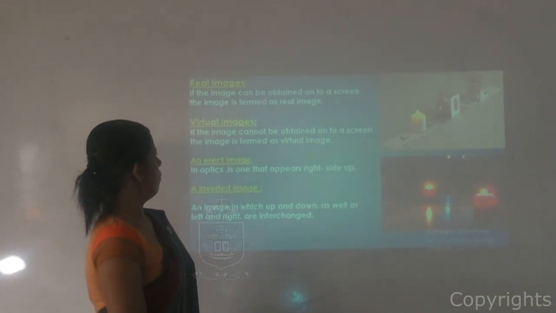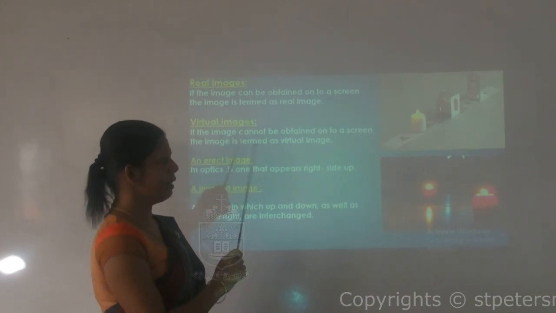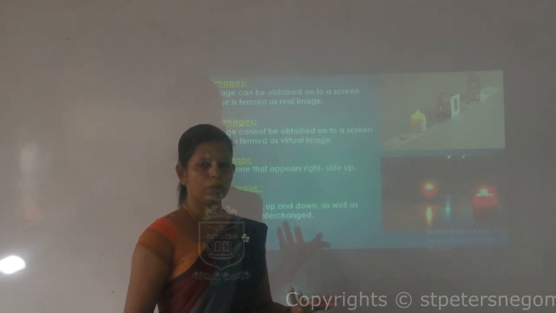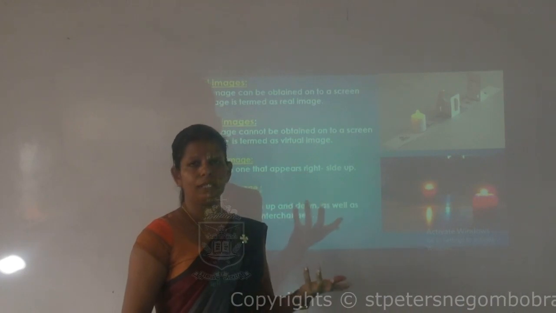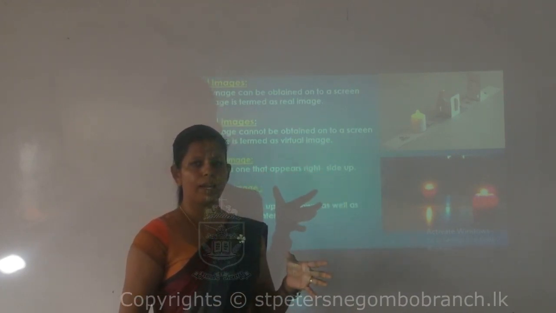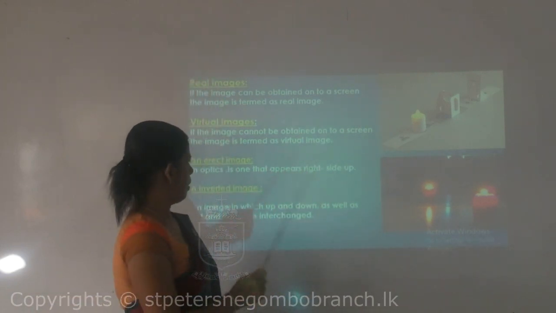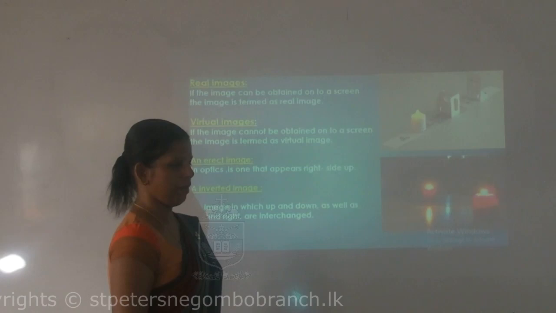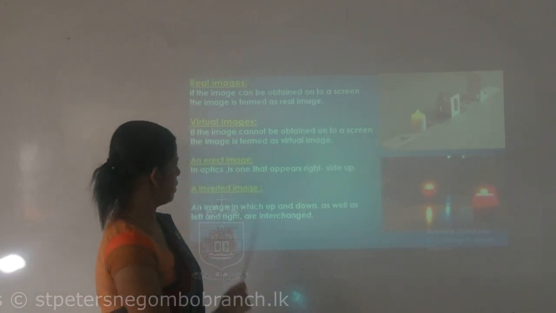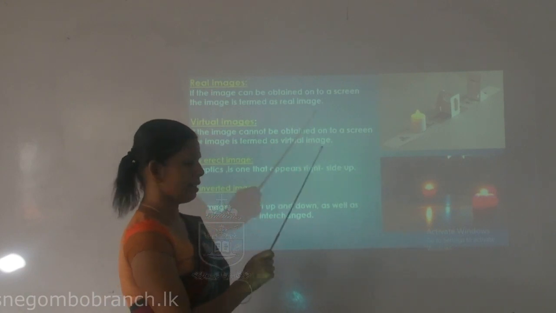What are virtual images? Virtual images mean the images we cannot take onto the screen. Those images we name as virtual images. What are erect images? Images in optics that appear right side up.